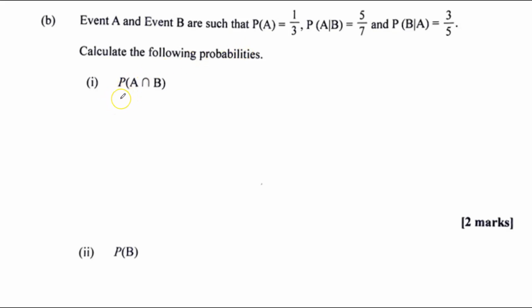A intersect B. So we know the conditional probability formula. Let me just write them out.